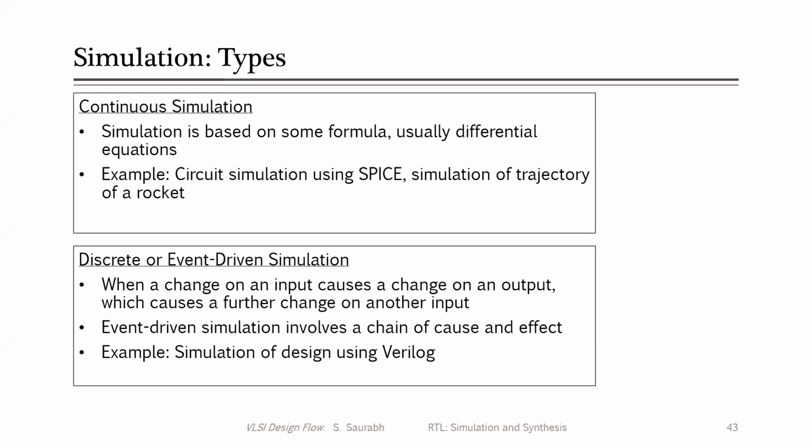So there is a chain of cause and effect, and as a result the value of a signal changes and you get the output at the end, right? The simulation of a design using Verilog is an example of event driven or discrete simulation. It is done at discrete points. Whenever there is a change in the cause, the effect has to be computed, right?